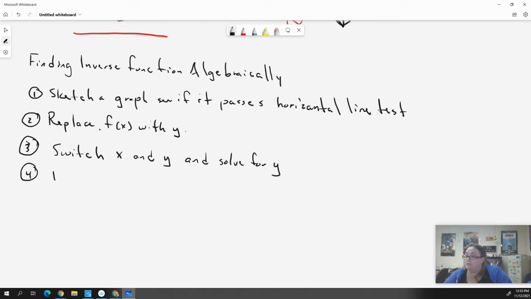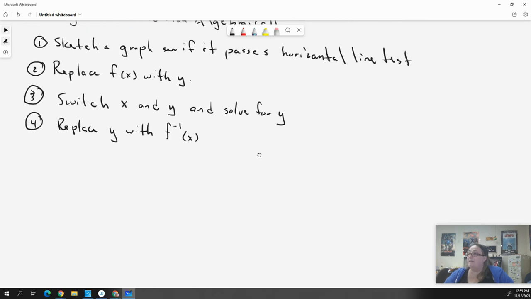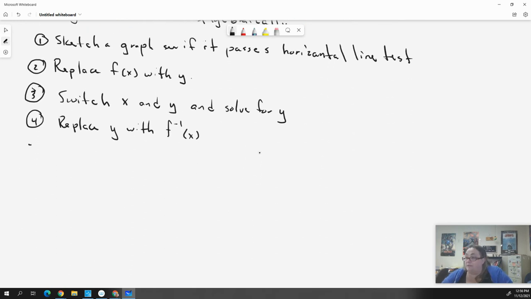Or you're going to replace y with f inverse of x. Then last, you're going to verify.